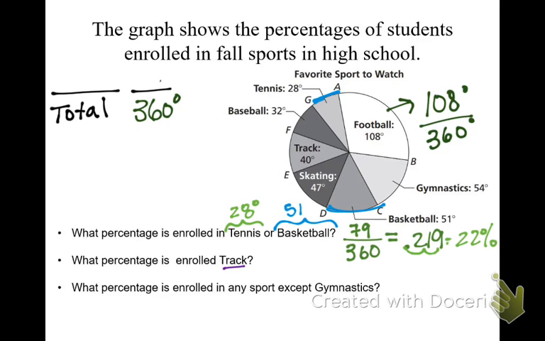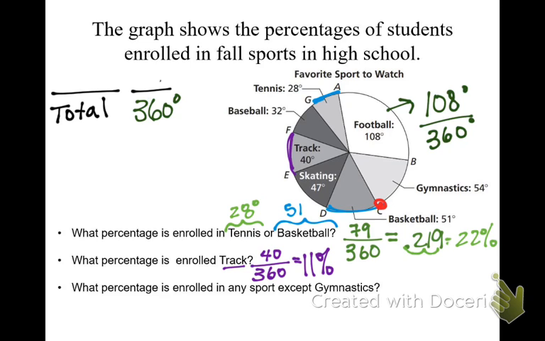How many are enrolled in track? What's the degree of track? So 40 out of 360, which is 0.111, or 11%. What percentage is enrolled in any sport except gymnastics?